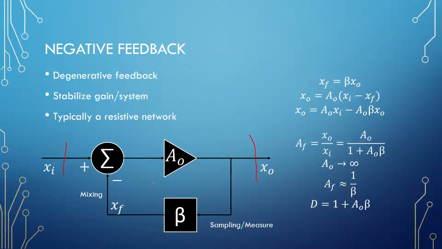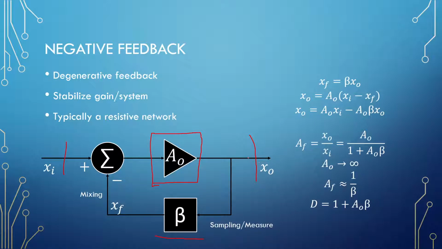Okay, A0 is some amplifier with a gain of sorts, and beta is some fraction.